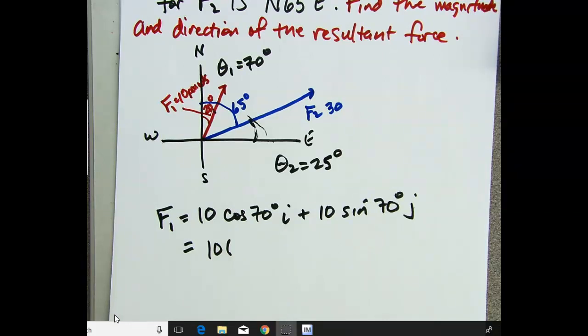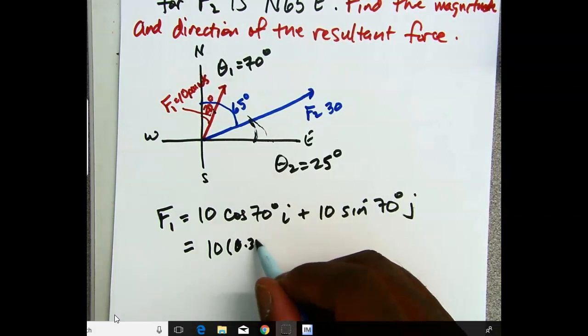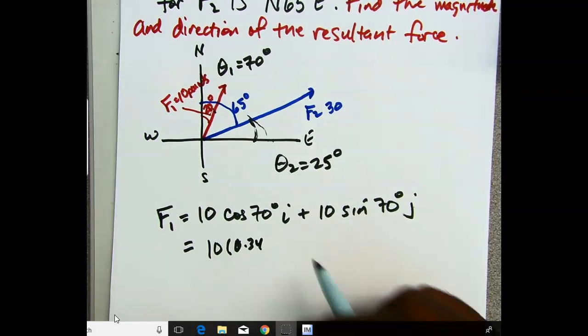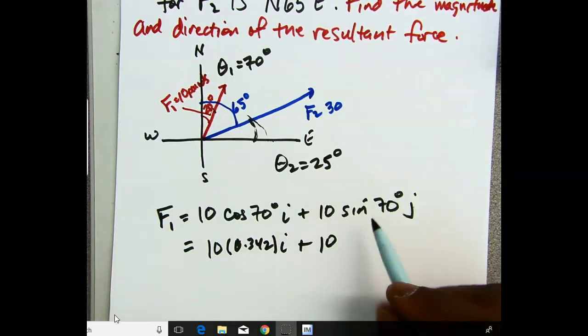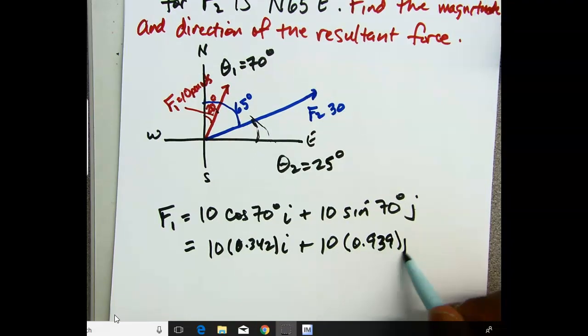So what is the cosine of 70 degrees? 0.34. Give me one more number. And how about the sine of 70 degrees? 0.939, and then j.